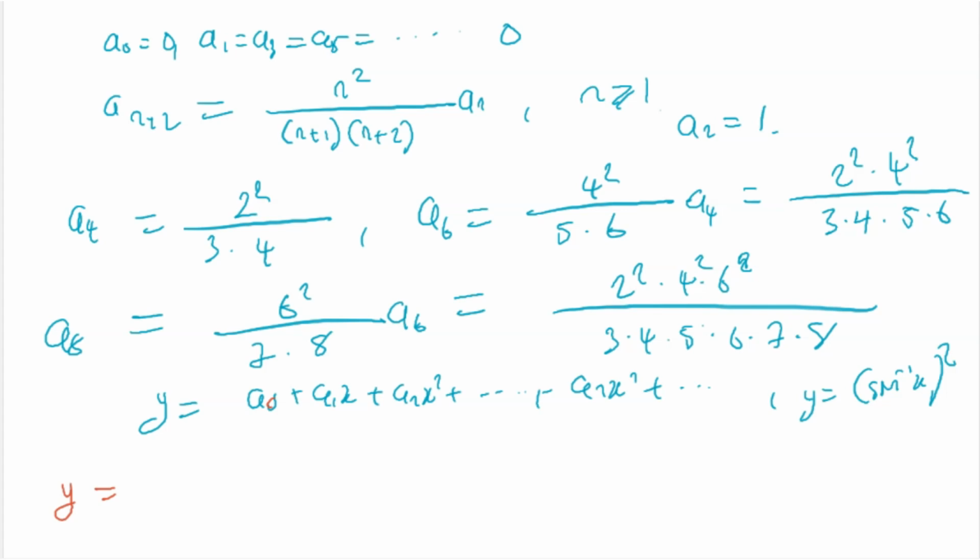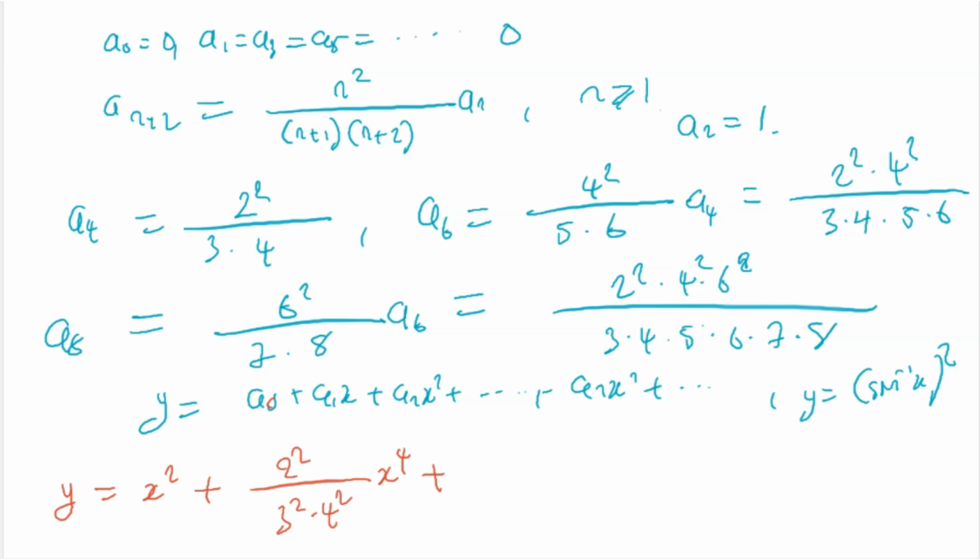So a sub 2, this will be 1 x squared. A sub 2 is 1, so this is x squared, plus what is a sub 4? A sub 3 is 0, so a sub 4 will be 2 squared over 3 times 4 times x to the 4th power, plus what is a sub 6?